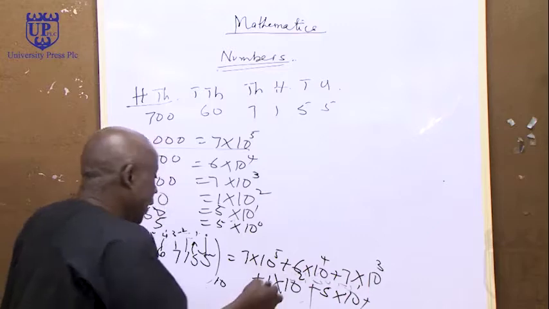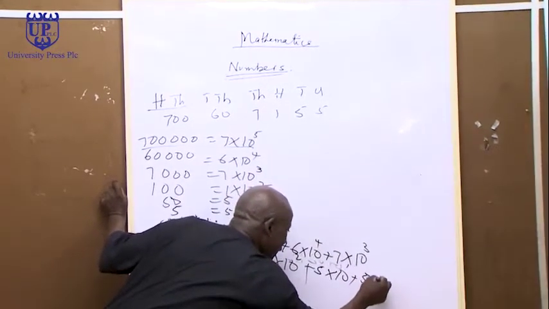Then plus 5 again multiplied by 10 raised to power 0.